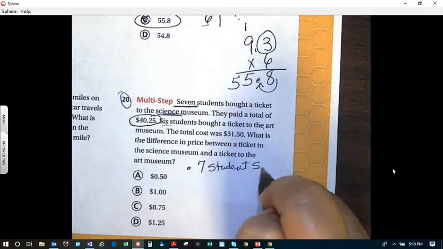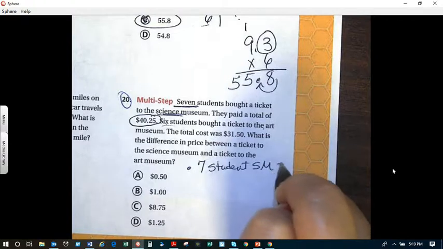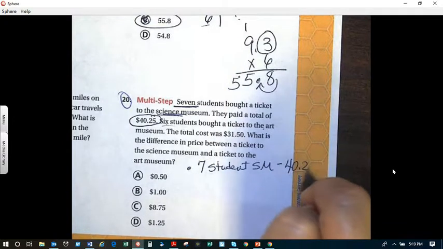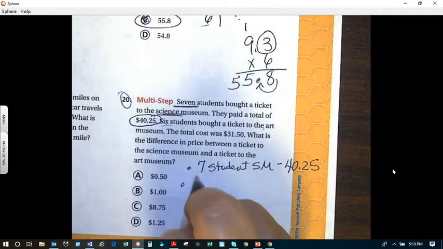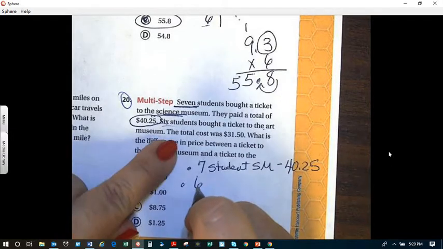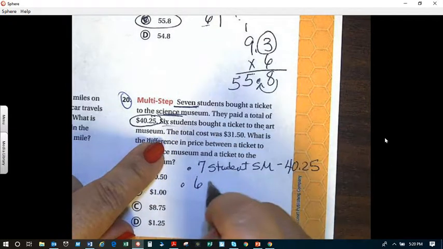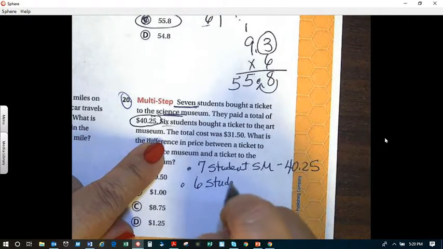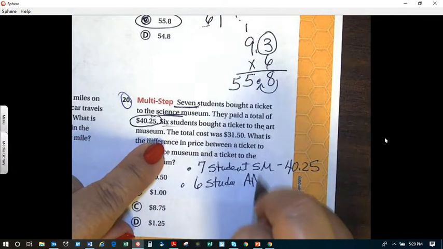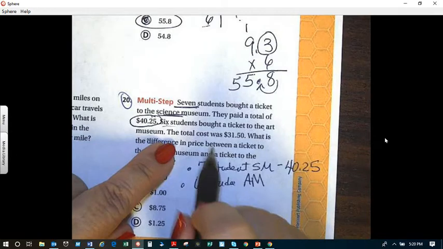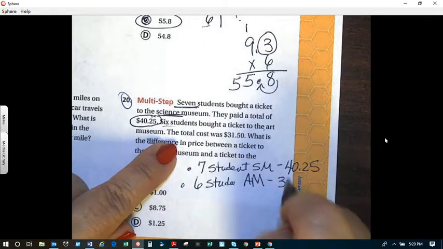I'm going to put SM for Science Museum. They paid $40.25. Then I had 6 students that bought a ticket to the Art Museum, AM for Art Museum. The total cost was $31.50.